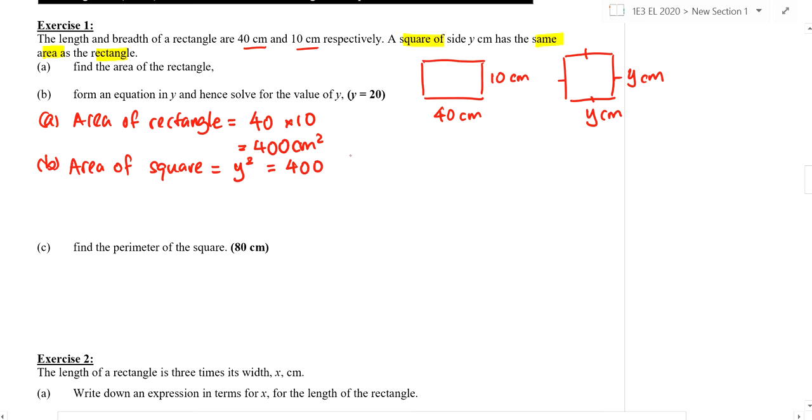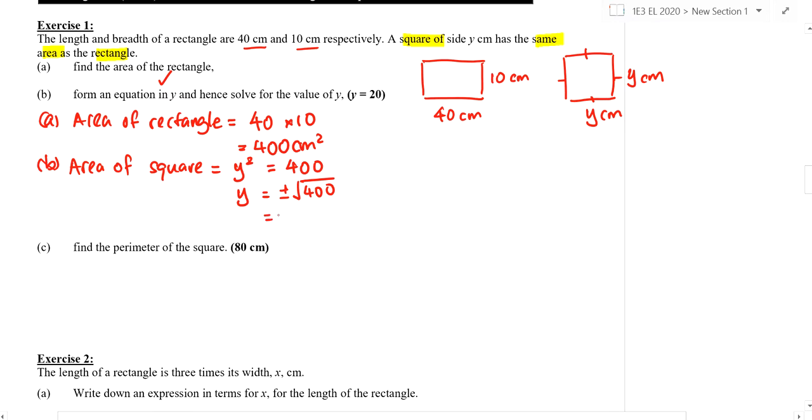So this is our equation: y squared equals 400 is the equation in y, and now we have to solve for the value of y. Since y squared is 400, we will need to take the square root of 400. Now when we take the square root of 400, we will have either a positive value or a negative value.